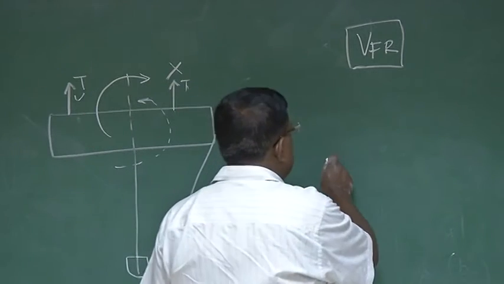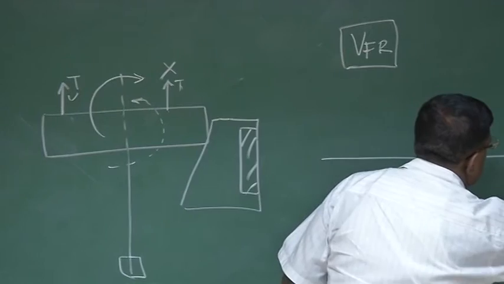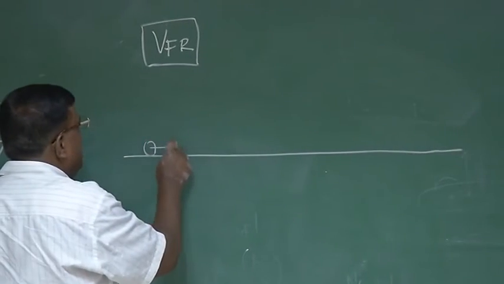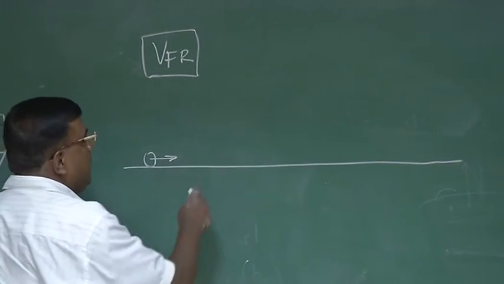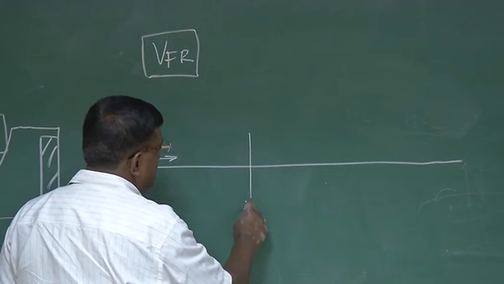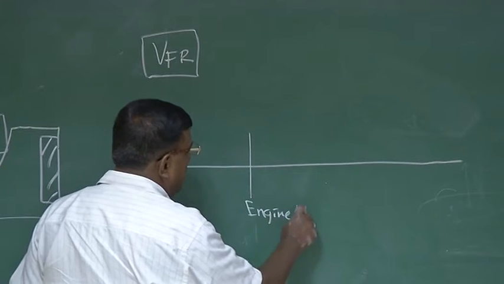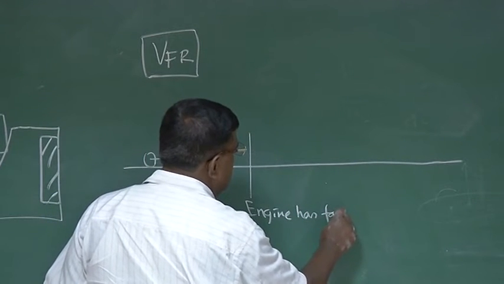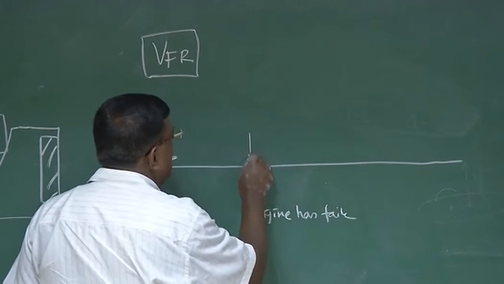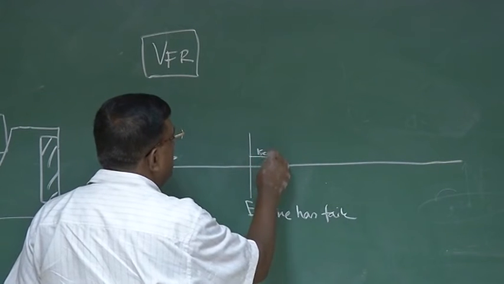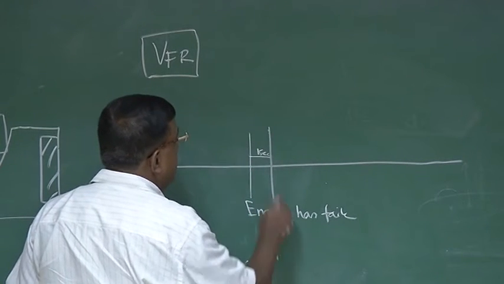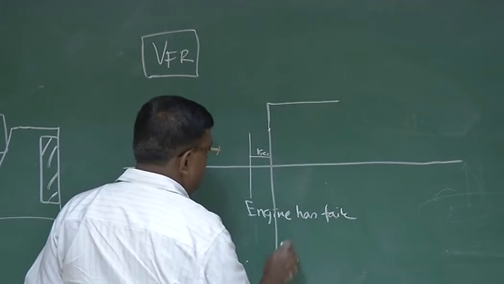Let us say the airplane has started from here. At some point one engine has failed. Now for 1 second I will give him time to recognize that speed. He has to check.